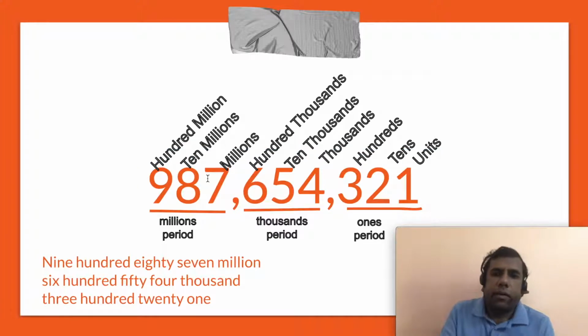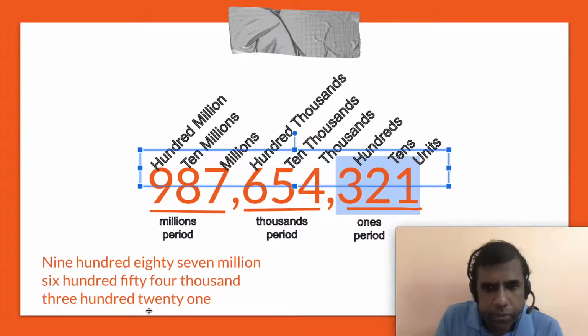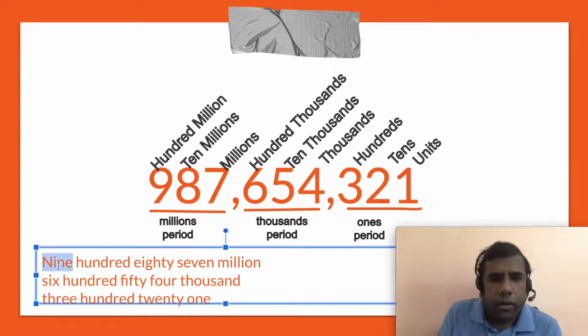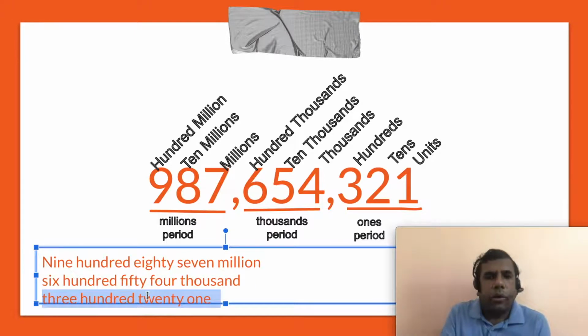So this number is going to be 987 million 654,321, right? Again, 987 million 654,321.